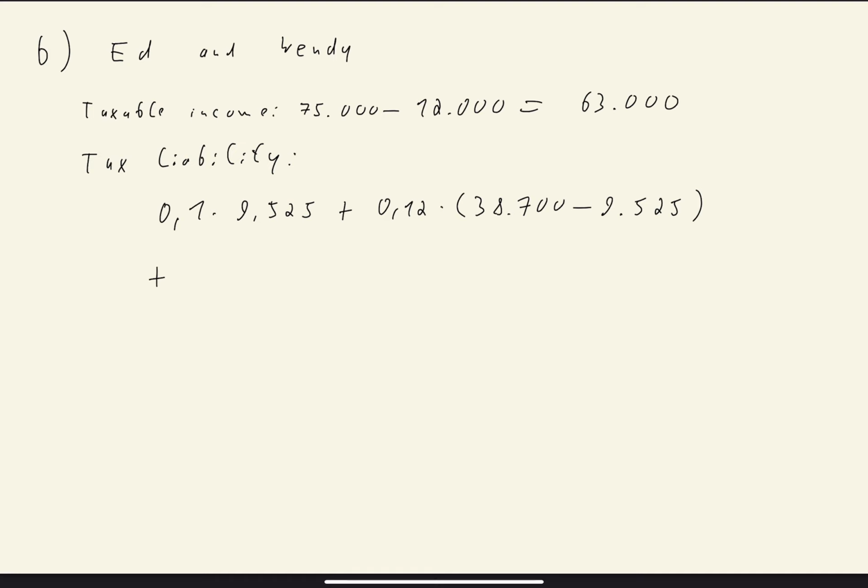Then finally we have for the remaining income, which is $63,000 minus $38,700, a tax rate of 22%. So this is 0.22 times the taxable income, 63,000 minus 38,700, because this is what's remaining.